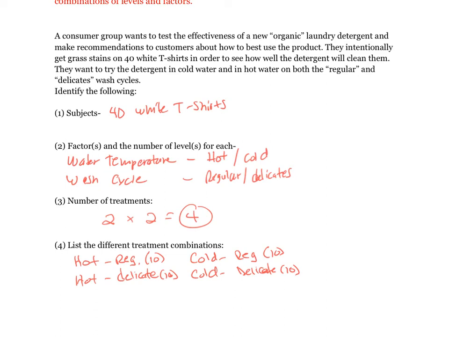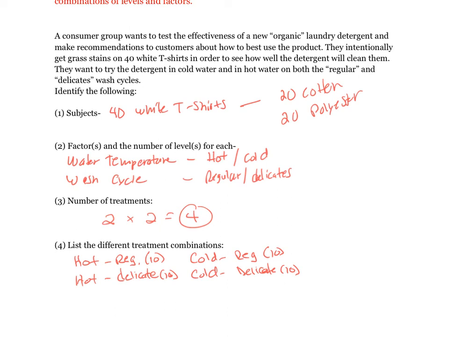Now there may be some confounding variables in this, possibly. Let's say that when you bought the 40 t-shirts, you bought 20 that were cotton, but you could only find 20, so you bought 20 that were polyester. So now you have 2 different kinds of t-shirts.